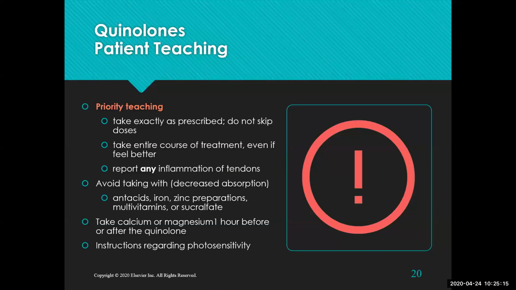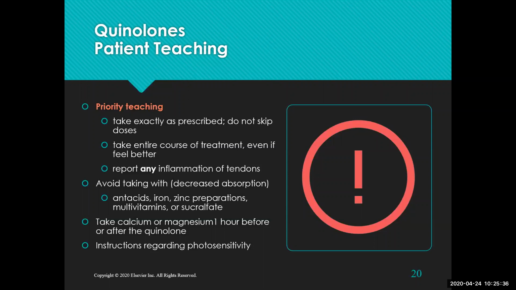So what do you want to teach your patients about taking quinolones? Priority teaching, number one, with all antibiotics: take it exactly as prescribed. If it says every 8 hours, you must take it every 8 hours. It doesn't mean 3 times a day when you think about it. It really means every 8 hours.